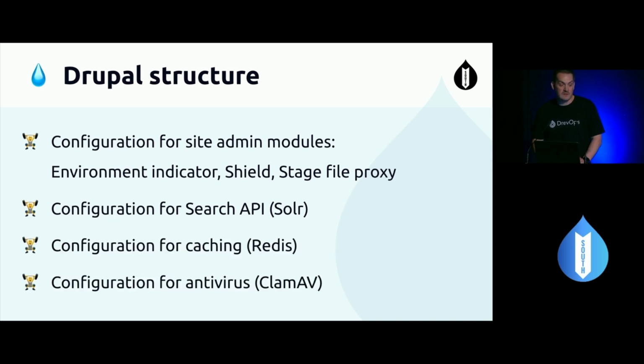Same thing with Redis and ClamAV. By the way, Vladimir is not here, but we worked together on ClamAV for Drupal 11. So that made it on time for this presentation. That's great, because ClamAV is very widely used as a module, especially on government sites. People would like to have the scans for viruses on their sites.